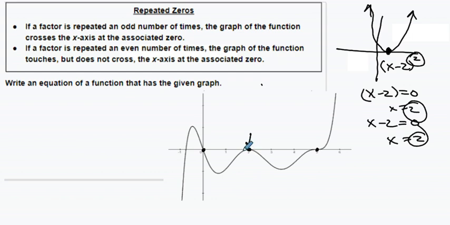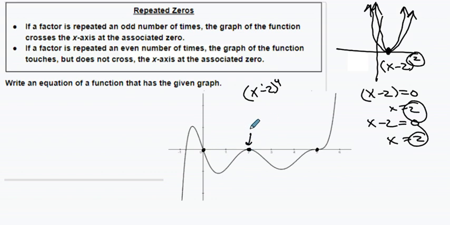I know it's at least a double root, but it could also be a fourth root, because if you had x minus 2 to the fourth power, it would look kind of the same as this. It would just look a little steeper, but it would still touch in the same spot. So we don't really know what that is. We kind of make assumptions about it.